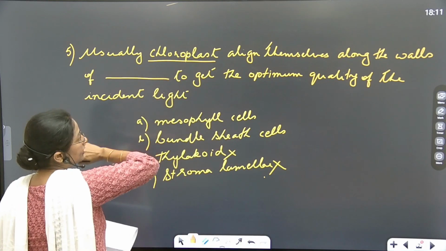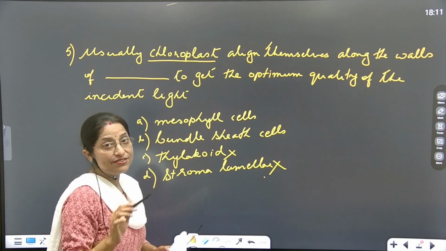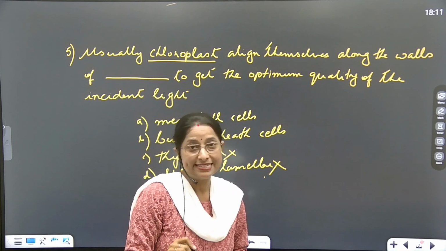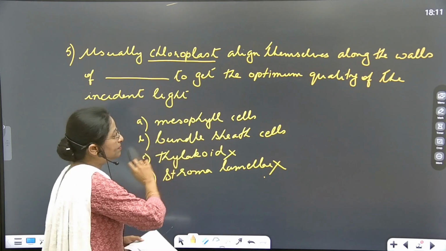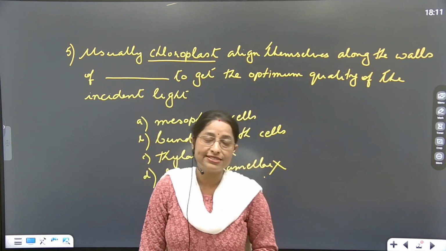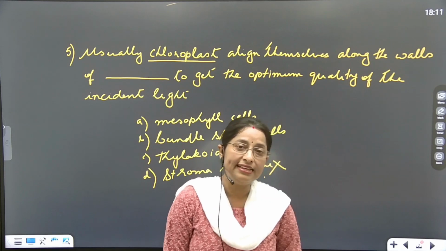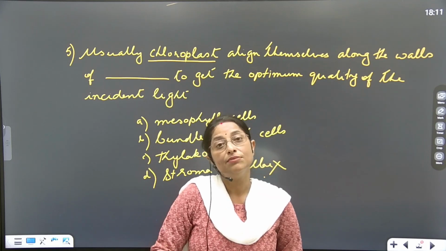So where will you find the chloroplast? We know chloroplasts are found in the mesophyll cells, and that's the reason why photosynthesis occurs inside the mesophyll cell. But together with mesophyll cell, we will be studying bundle sheath cells also, which is a characteristic of C4 plants, and later we will study that chloroplasts are also found in the bundle sheath cell.